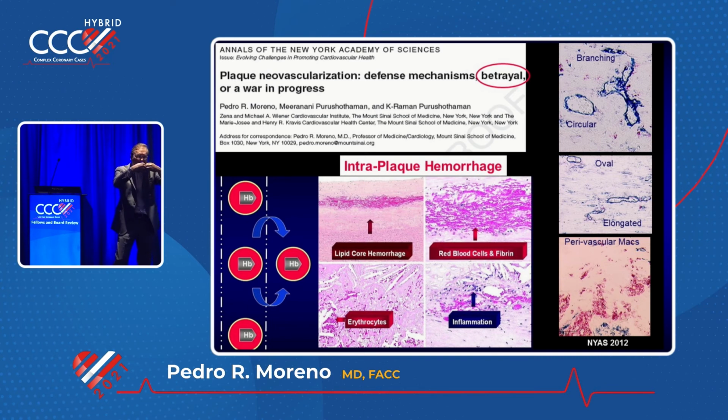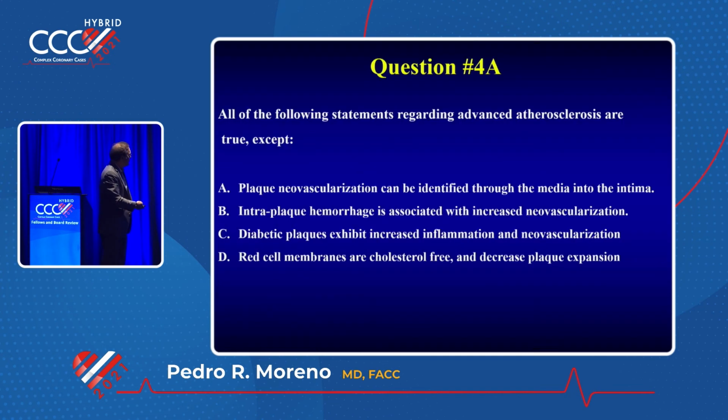The endothelium cannot handle that, it ruptures, and the red blood cell is extravasated. It's also called the corpuscular is out, and then it's a problem. We're going to just spend the last 2 minutes on intraplaque hemorrhage, okay? What is this? All of the following are true except: plaque neovascularization can be identified through the media into the intima.